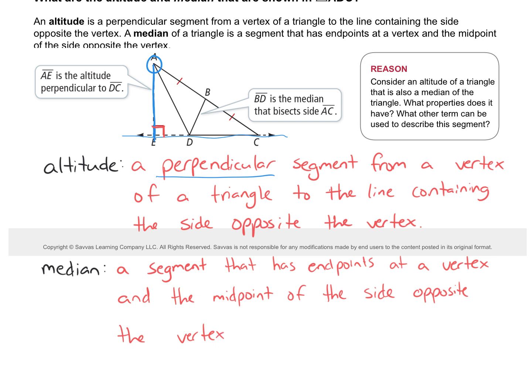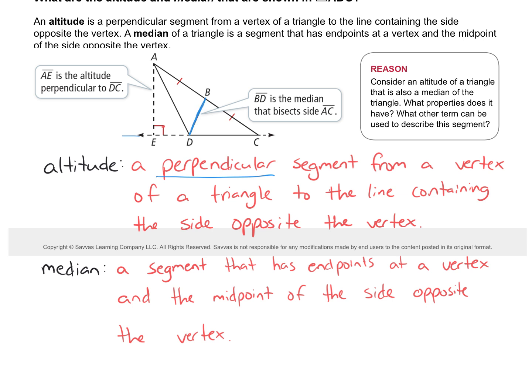Again, with these definitions, you know what these words mean. They're just putting them together for a new definition. We all said median means middle, which I agree. What is a vertex again? It's like a corner. How many vertices does a triangle have? 3. Let me erase my picture real quick. This time, BD is a median.